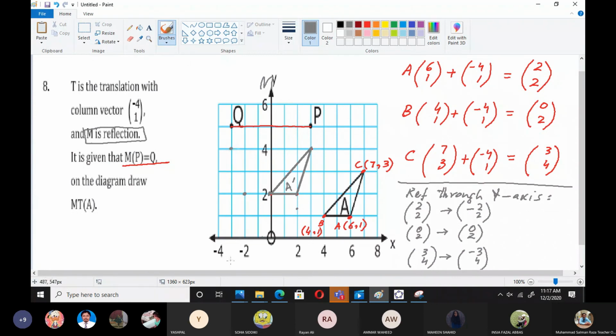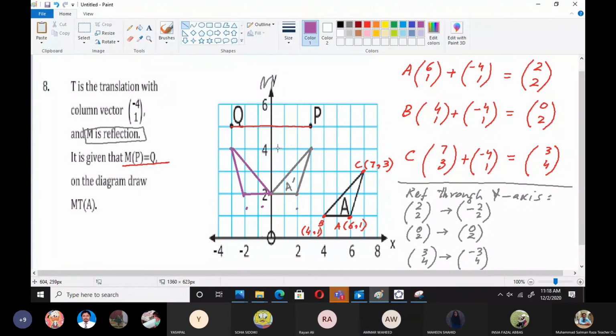And taking a decent color and a straight line, I'm going to join them all. So this is it, reflection through the y-axis is here.